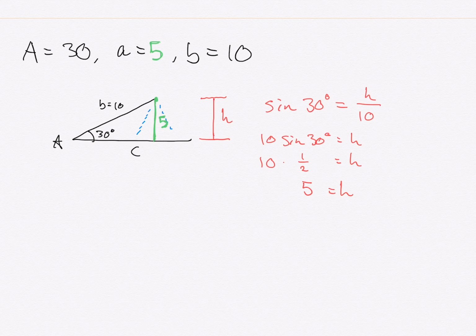So a single solution to this problem occurs when the length of the rope, which is our A value, across from the given angle measure, is equal to our h value, the height of the ramp above the ground. So far we've seen one possibility where the rope is not long enough to reach the ground.